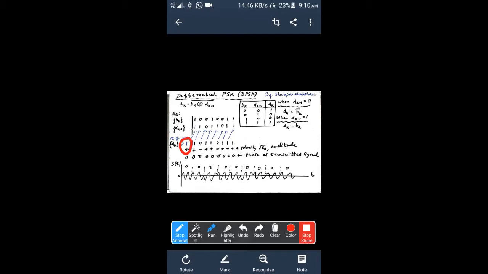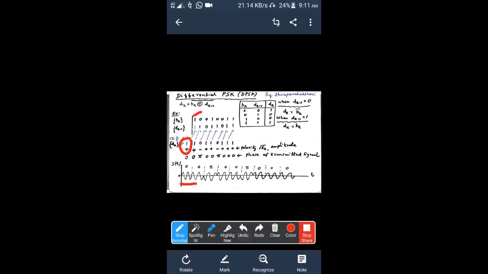In this particular discussion, we have taken the reference bit also as 1. So very first, there will be a reference bit, which is 1 in this case. Afterwards, your input sequence will start entering the device. This reference bit 1 is represented as this sinusoidal waveform, which is a positive sine wave.